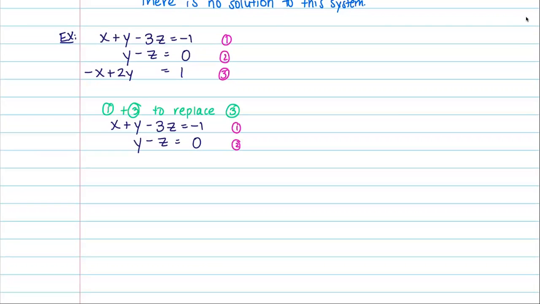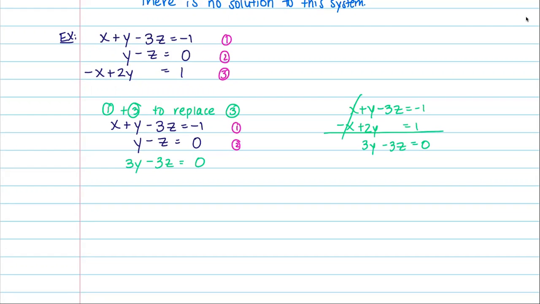And what I need to do is add my first and my third equation together. I'll just show that work off to the side. Again, you don't have to if you're feeling pretty comfortable, but if you like to see that, I'll go ahead and work it out. So it's going to be equal to 0. Our new equation will be 3y minus 3z equals 0.